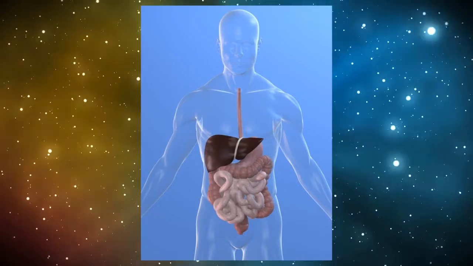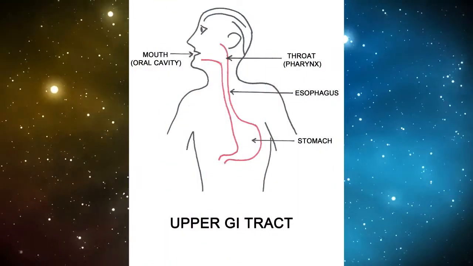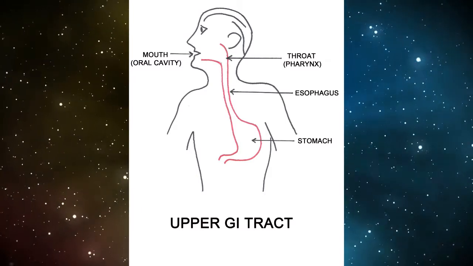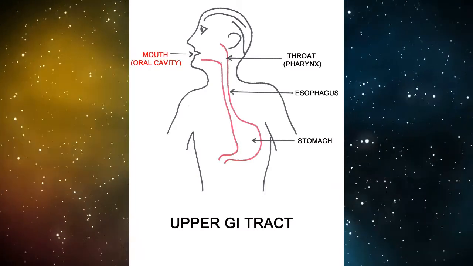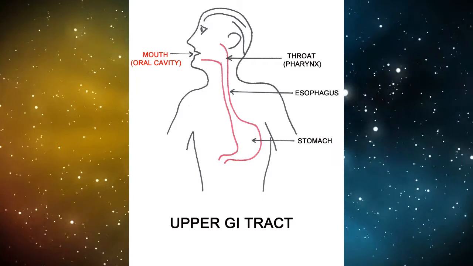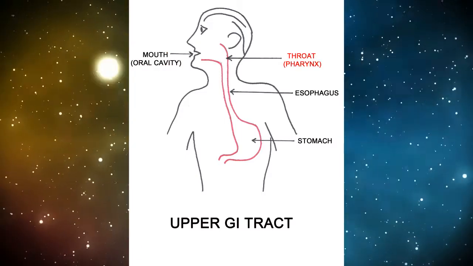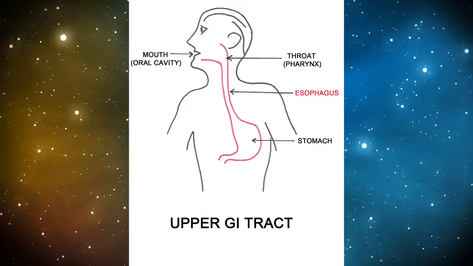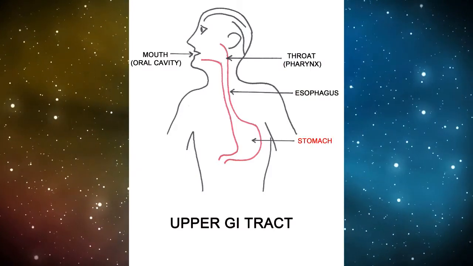The upper GI tract, here outlined in red, consists of the mouth, also known as the oral cavity, the throat, also known as the pharynx, the esophagus, and the stomach.